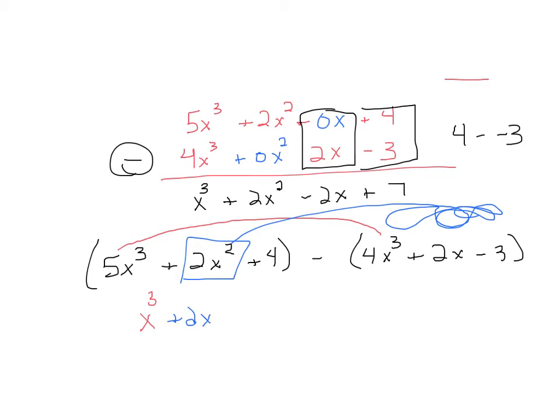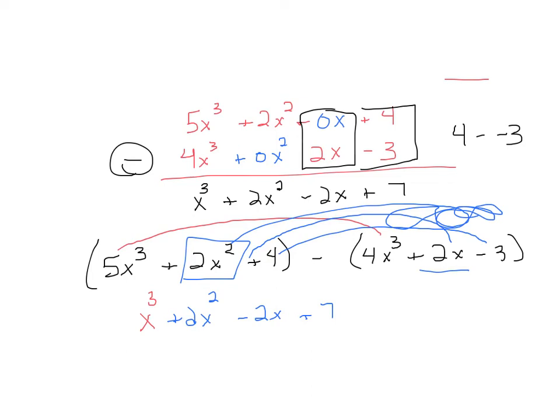And then this is the tricky part, right? There's the 2x over here. You have to remember that there's nothing over here, so it's a 0 minus the 2x. And then 4 minus a negative 3. It tends to be a little trickier with the subtraction when you're doing it in this method.